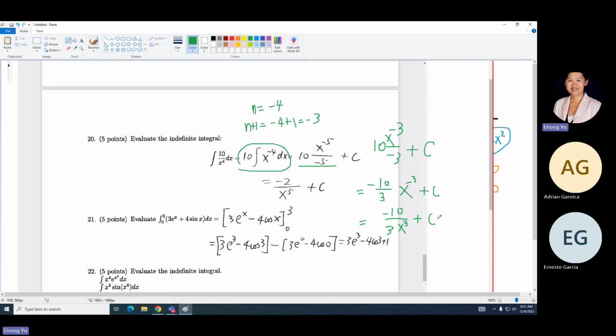Any other question about the solution? This one, this is the one I wrote before. Didn't realize it was hasty.